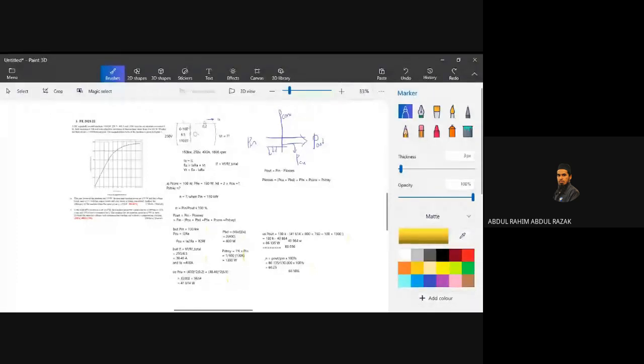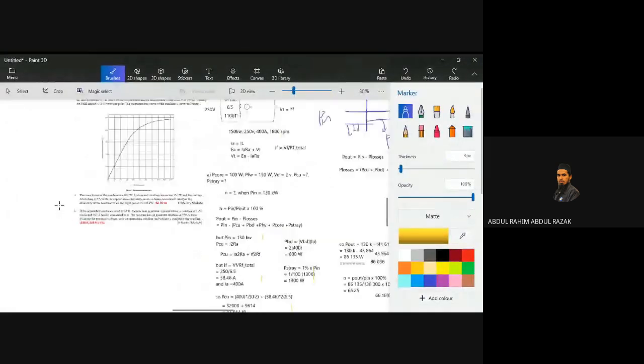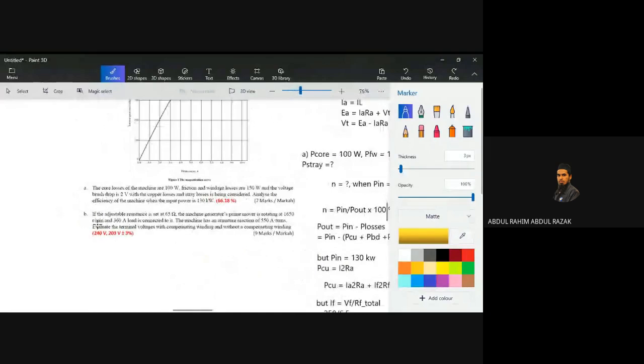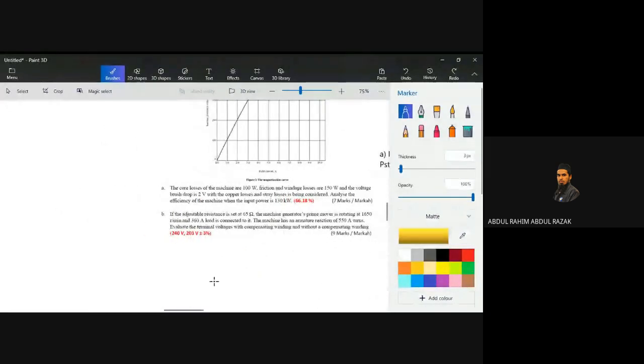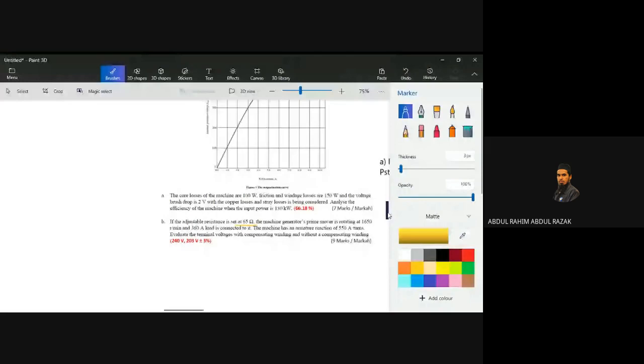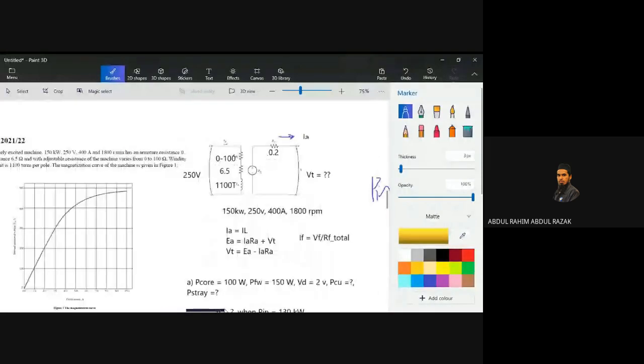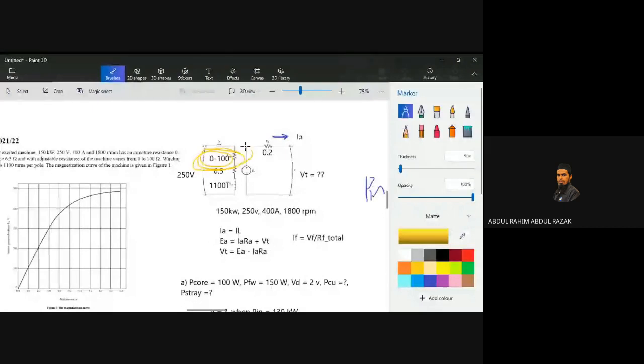Okay, we shall continue with question B. See if we have here adjustable resistance set at 65 ohm. We have 0 to 100 ohm range.